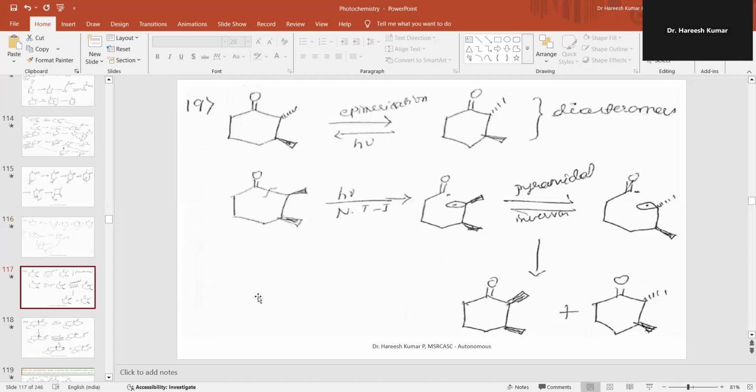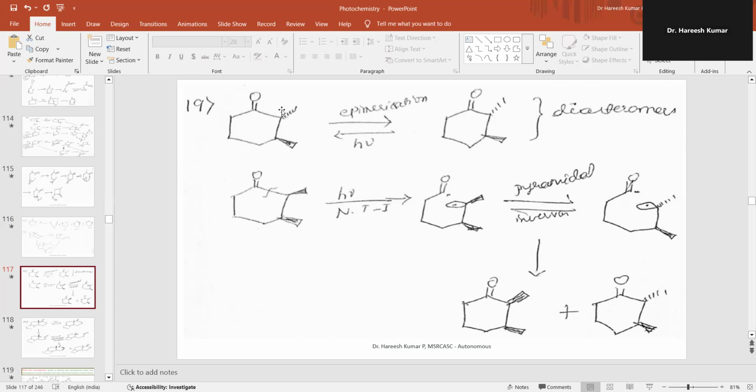In the next slide, I'm taking epimerization. So epimerization means, you know, the conversion of cis to trans or trans to cis is called epimerization. That means a diastereomer. So whatever I'm taking is a diastereomer. Why diastereomer?